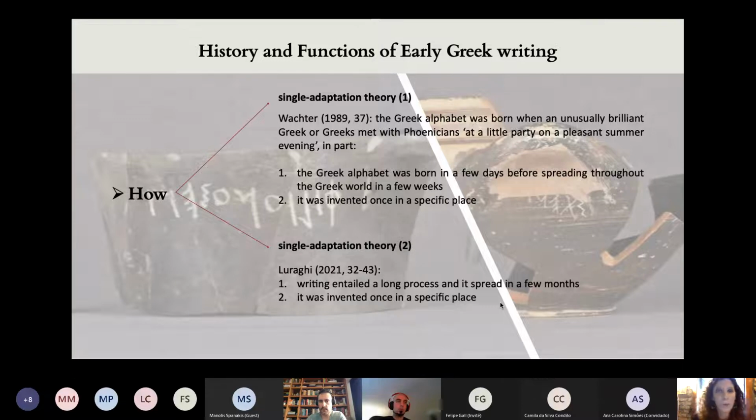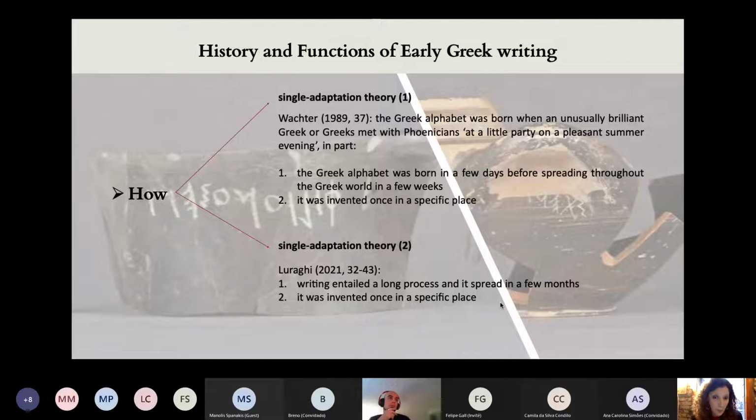So basically, one person, a kind of genius, had a meeting with, as Vesta said, a little party on a pleasant summer evening with some Phoenician, and said, "Oh my God, it's so cool, your invention, I could use it," and then it spread all over the Mediterranean.